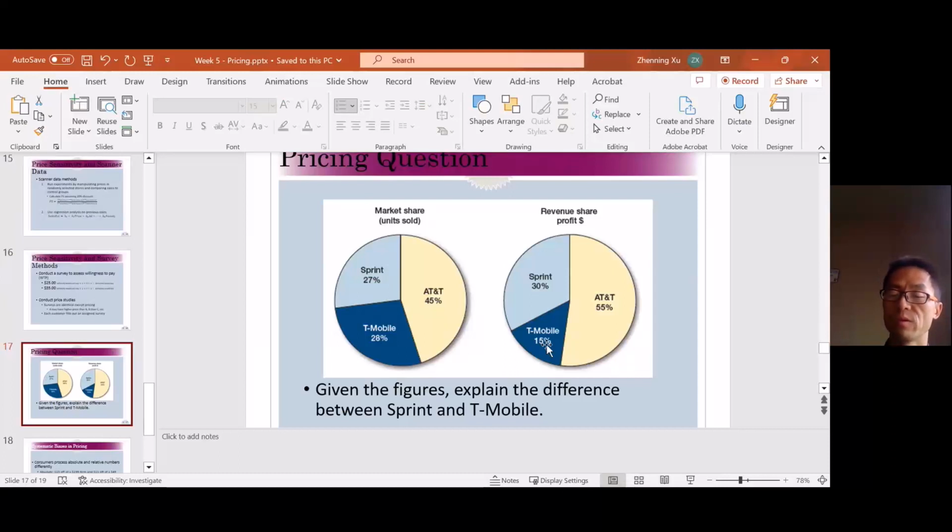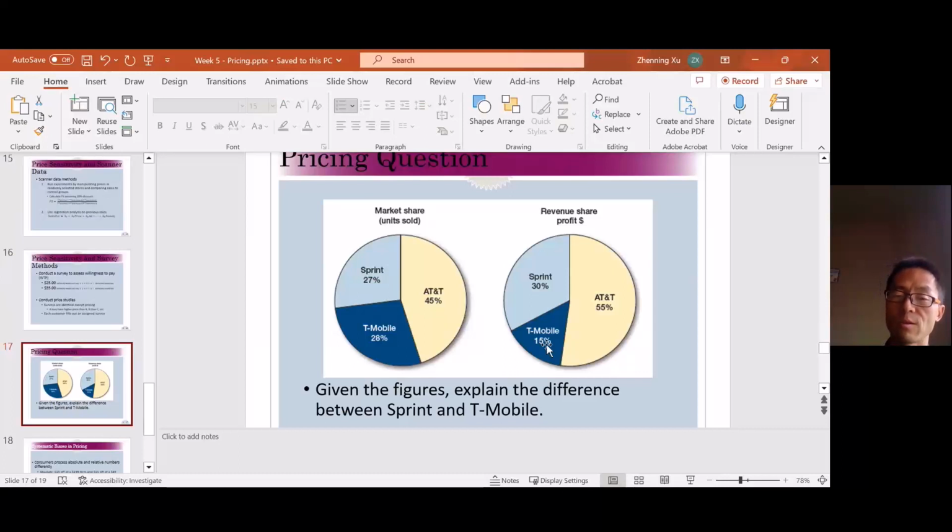And if you look at revenue share, it's only around 15%. So it looks like T-Mobile is using a low pricing strategy to capture a large market, right? So this is probably the primary difference.